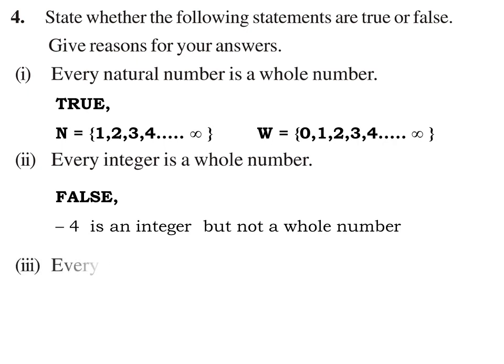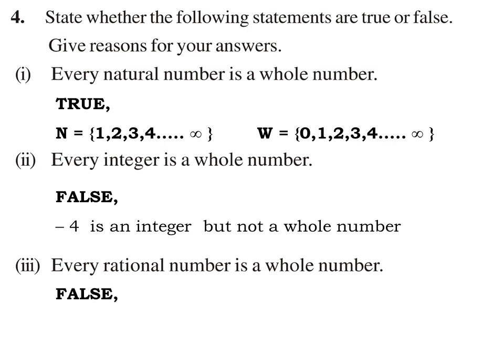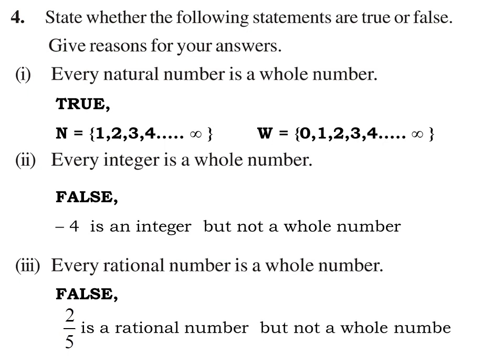Now the third one: every rational number is a whole number. Again, this answer will be false. The reason is 2 by 5 is a rational number, but it is not a whole number. So this statement is also false.